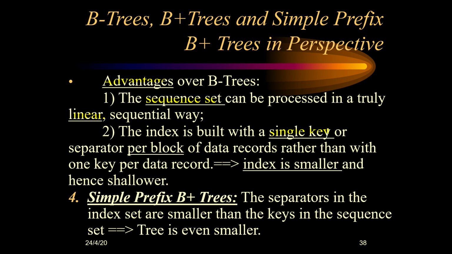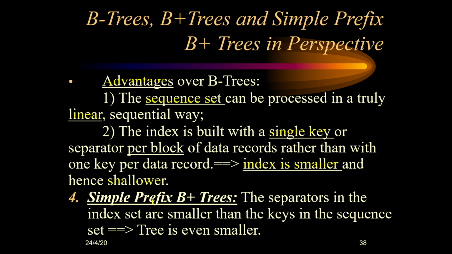A block, in the sense, can contain more than one record. So we have gone from the concept of a single key per record to a single key per block, where each block contains more than one record. With this concept, our index becomes smaller, which helps us create a very small tree structure. So the tree becomes smaller and shallower in the case of the B plus tree concept.